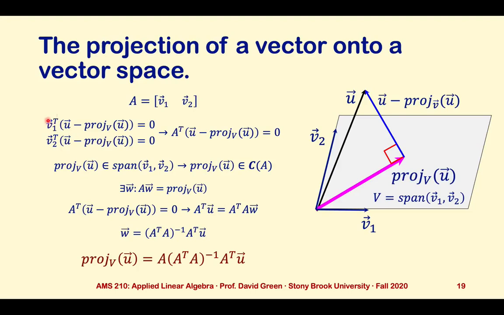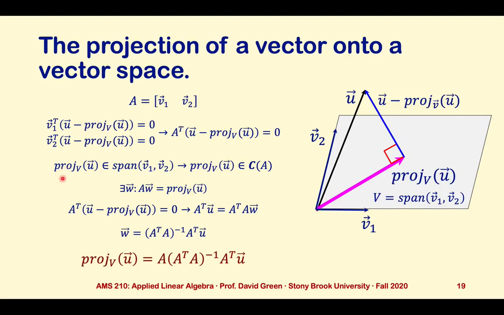We're taking a row vector multiplied by a column, a row vector by the same column. We can combine these into a single expression, A transpose times this same orthogonal component, and this has to equal the 0 vector. Okay, one of our pieces, orthogonality.